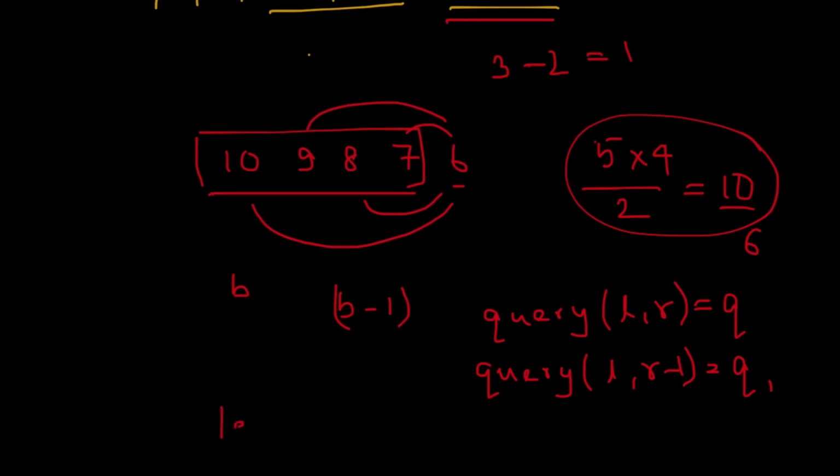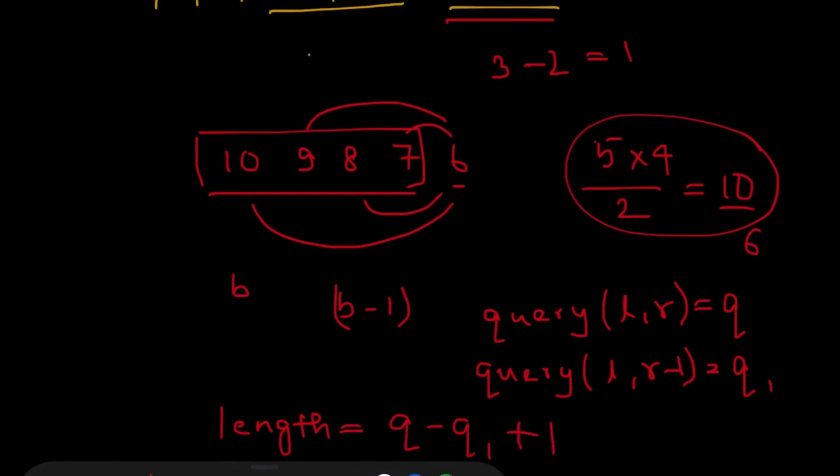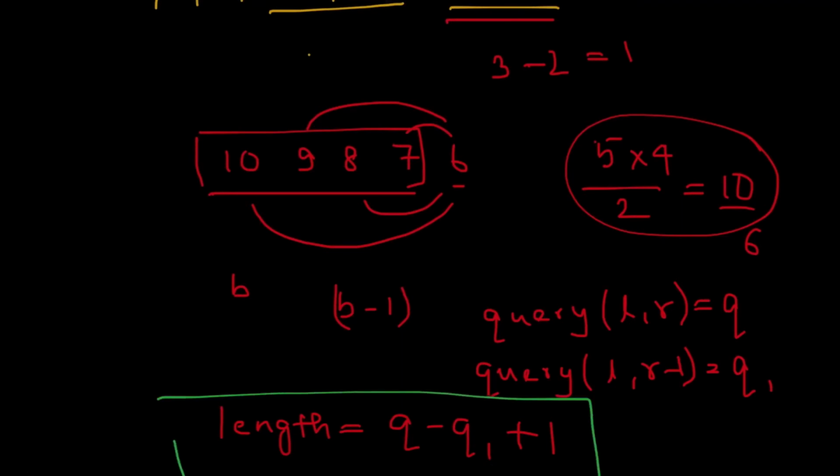So the length of this part was Q minus Q1 plus 1. This is another observation that you should make here. If you make two queries, something like query of L to R, which gives you Q, and query of L to R minus 1, which gives you Q1, then the length for that inversion will be, here L of course denotes the starting.